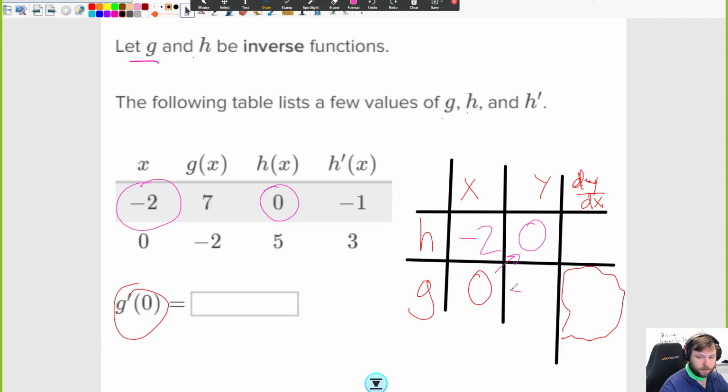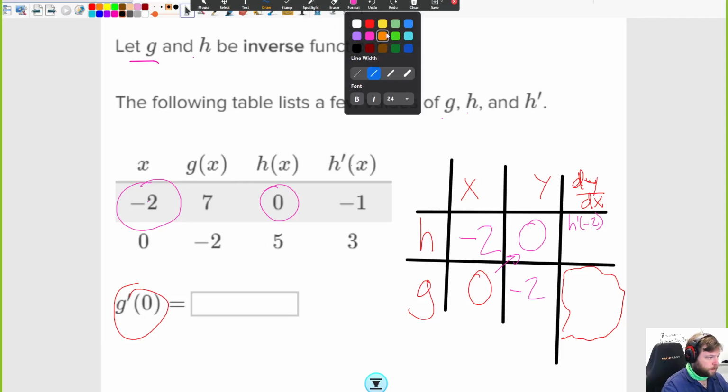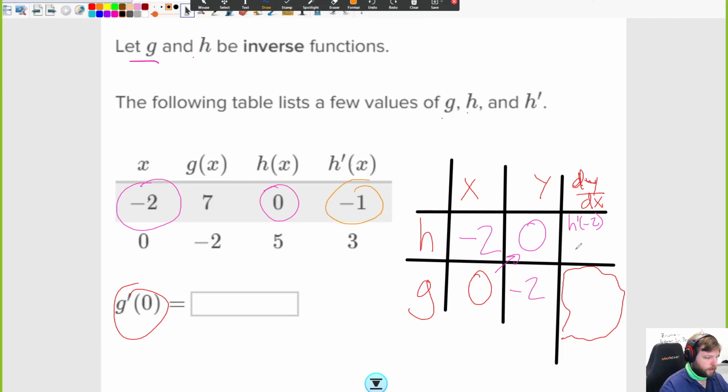This is -2. That means when x is -2, right here, this would be like h prime of -2. Where is that? Go right here. It'll be -1.